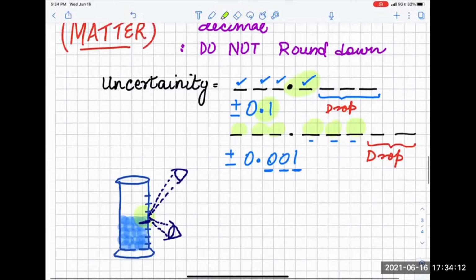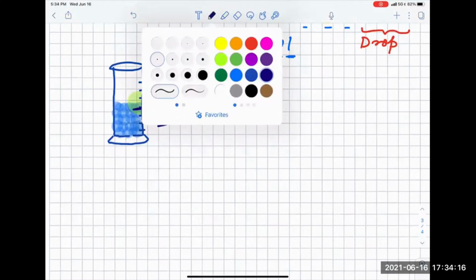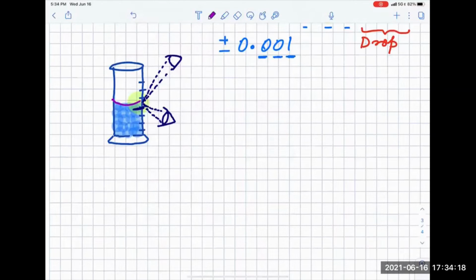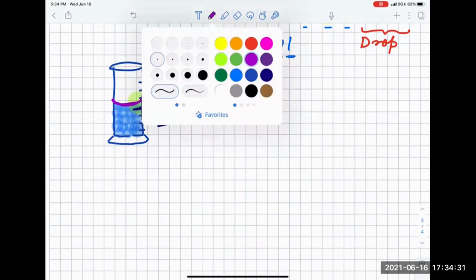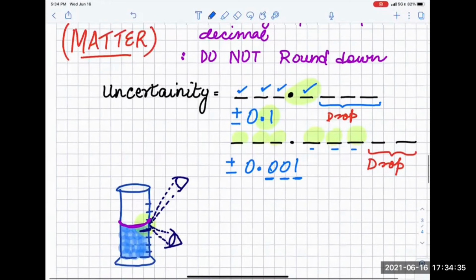Where should you take the data? So what they have done is they said, okay, let's bring some uniformity here. So you look at the meniscus for the liquids, but even when you do that, the height of the person comes into play, and so there's some uncertainty there. So it's not that big of a deal, but we still need to factor in the uncertainty.